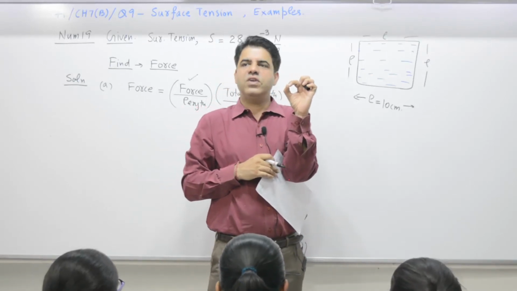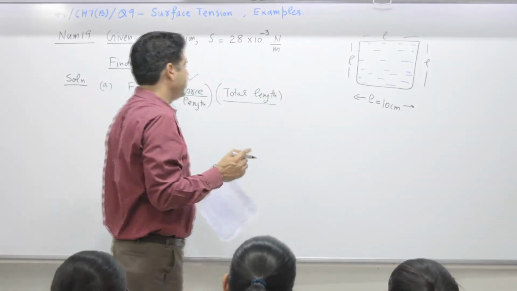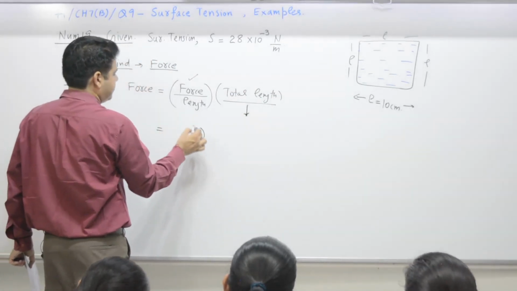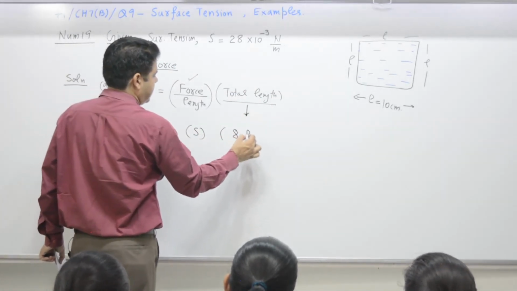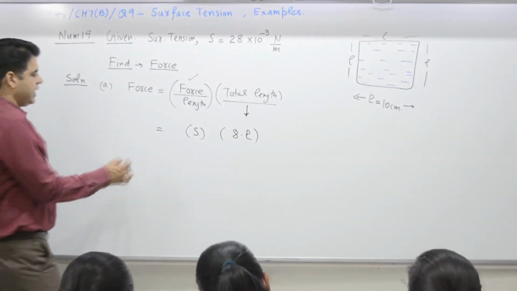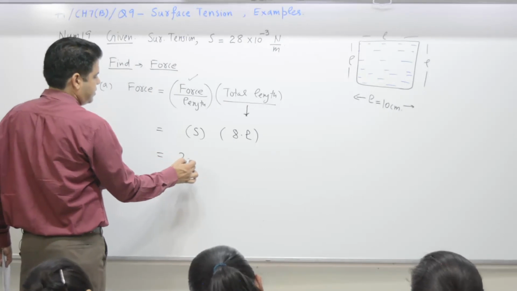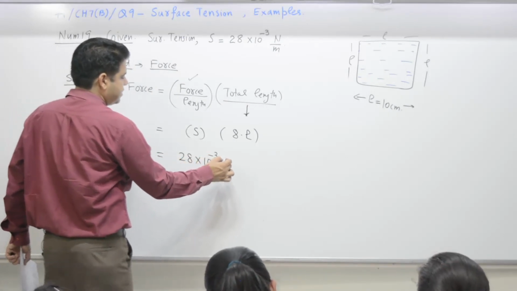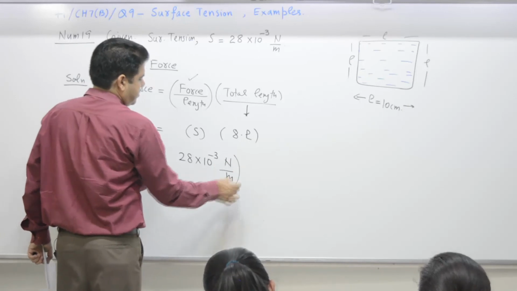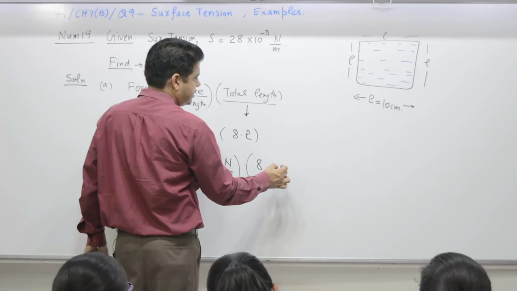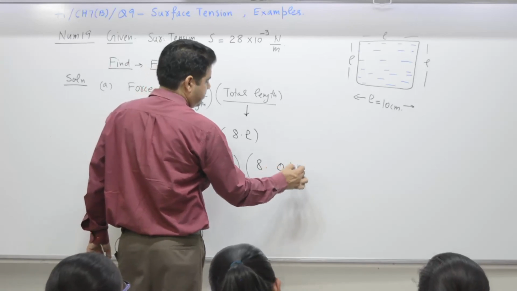It has two free surfaces, that is why it is not 4L. It is how much? 8L, 2 into 4L. So S is equal to what? 28 into 10 raised to power minus 3 Newton per meter. 8L, 10 centimeter, how many meters? 0.1 meter.